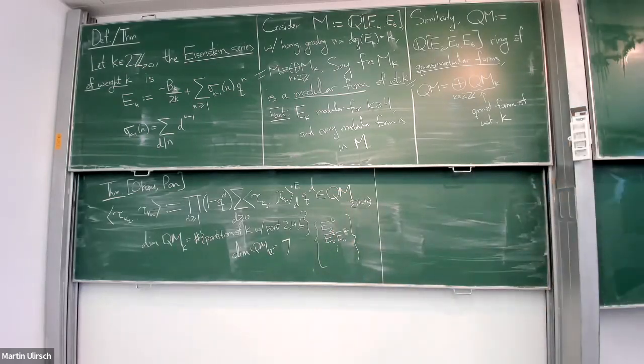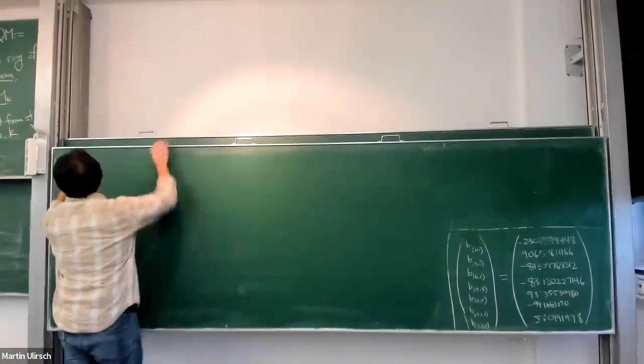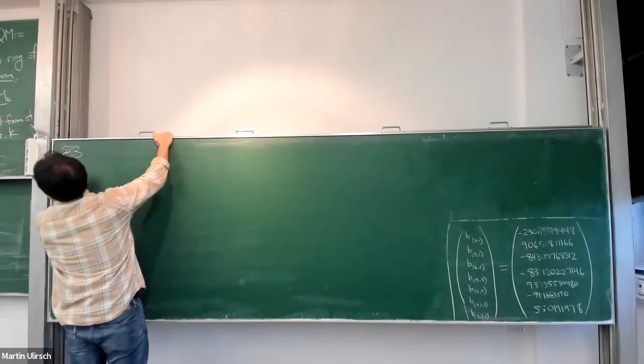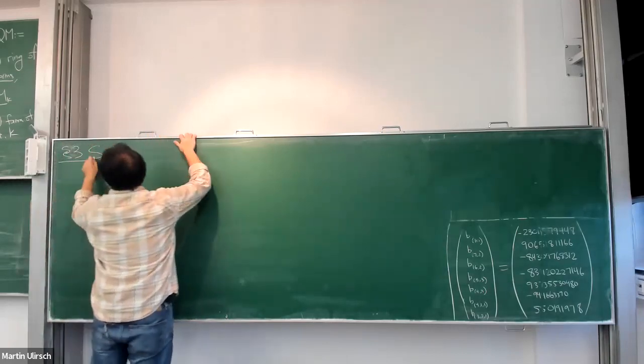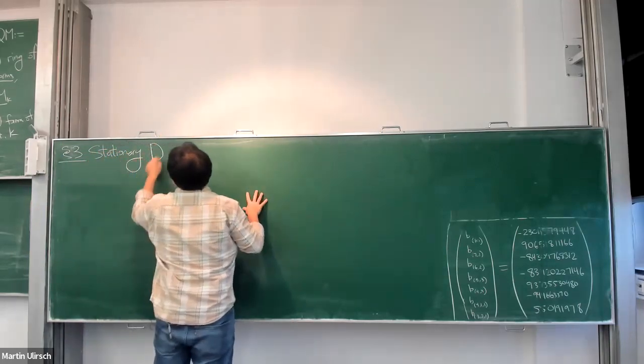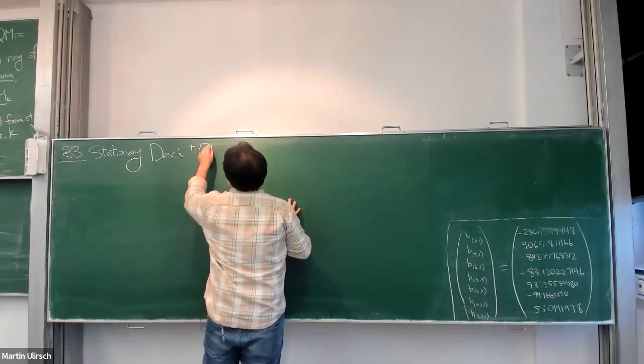Okay, good. But now let's go back to seeing how this can be used to say something about Lieber's conjecture. Descendents, quasi.